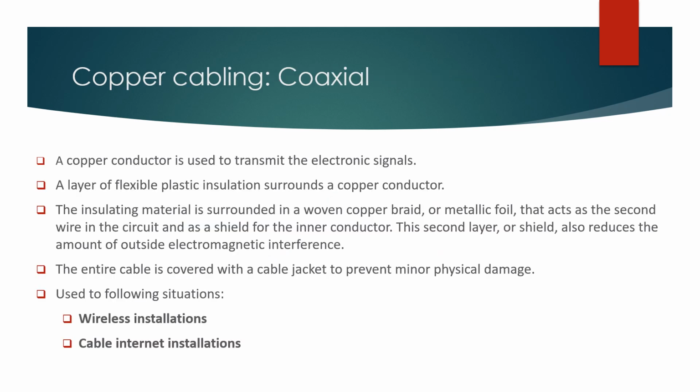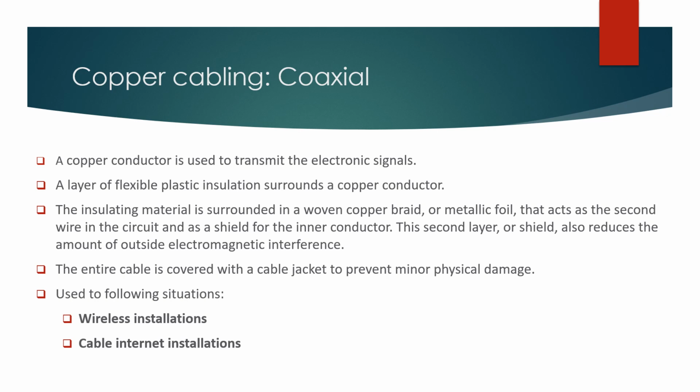The coaxial cable, or as we will say in the future, the coax for short, gets its name from the fact that there are 2 conductors that share the same axis. The coaxial cable consists of the following: a copper conductor that is used to transmit the electronic signals.